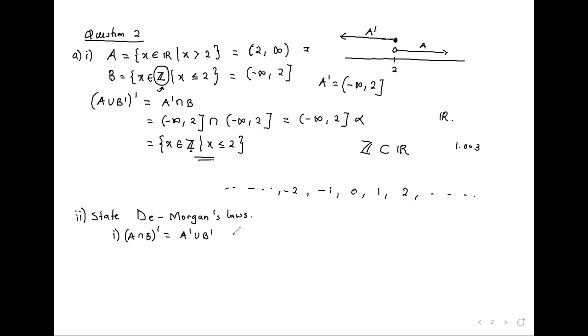This one is called the intersection law of De Morgan. Should they specify that it's the intersection law of De Morgan, then you state this one. If they say union, you state this one: the complement of A union B is A complement intersection B complement. This is the union law.